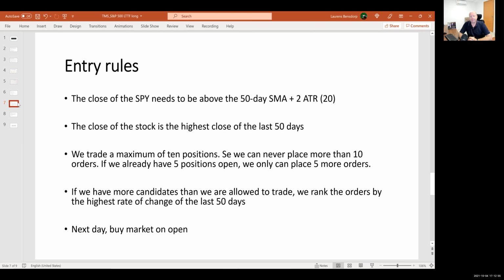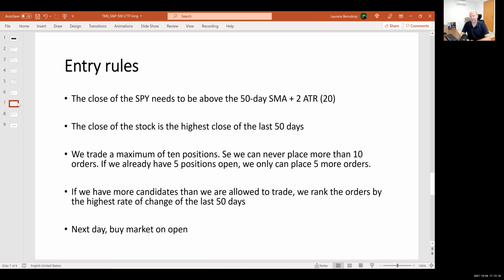So then, of course, with rules like these, and there's a big trending market, there are times where we will have more candidates than our money manager allows us to trade. So in that case, if we have more candidates, then we rank the order by the highest rate of change of the last 50 days.